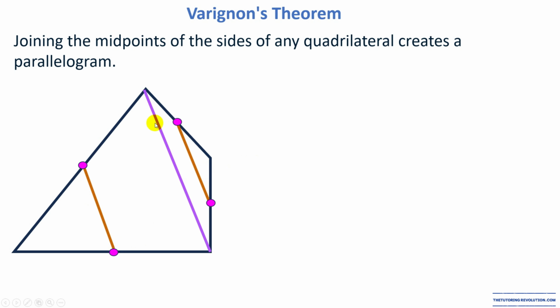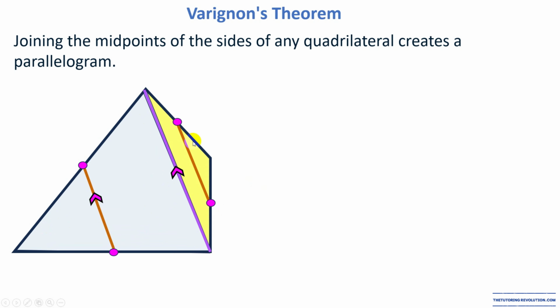We draw this diagonal and we focus on this triangle, and based on the midsegment theorem, we know that this midsegment is parallel to this base. So this one is parallel to this, okay? That's based on the triangle midsegment theorem that we learned at the beginning of this lesson.